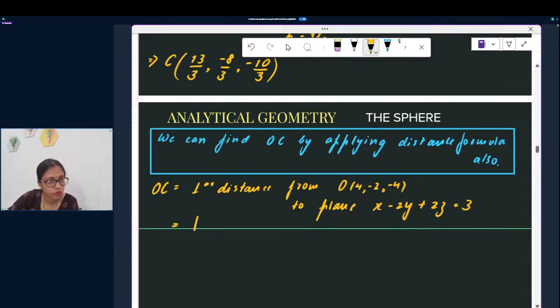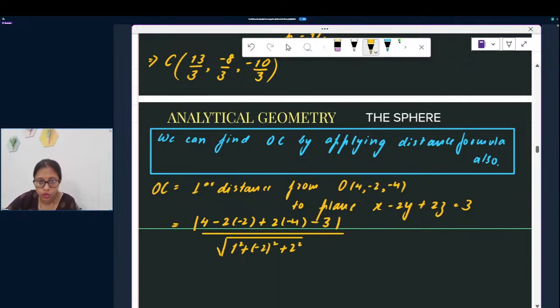That is the modulus of, just substitute the points, 4 minus 2 times minus 2 plus 2 times minus 4 minus 3, modulus, divided by the square root of 1 square plus minus 2 square plus 2 square. So this is going to be 4 plus 4, 8, minus 8. So it is 3 divided by 3. So it is 1. Just one more way.